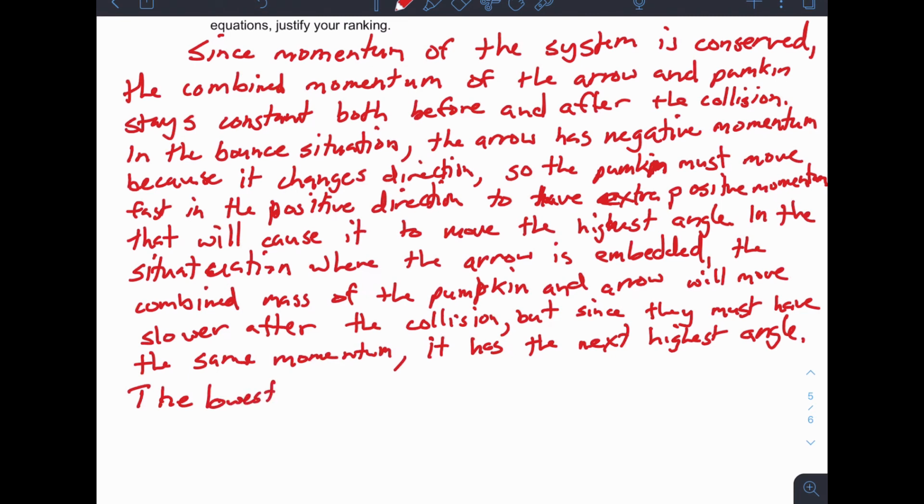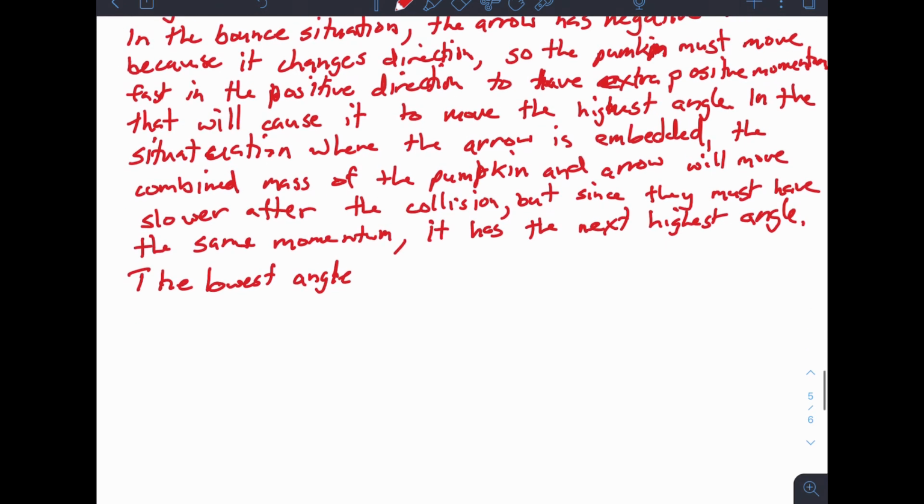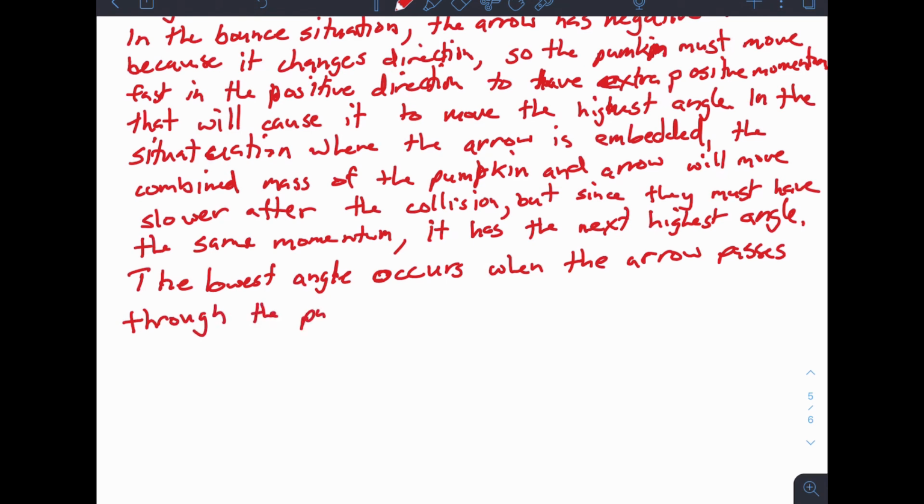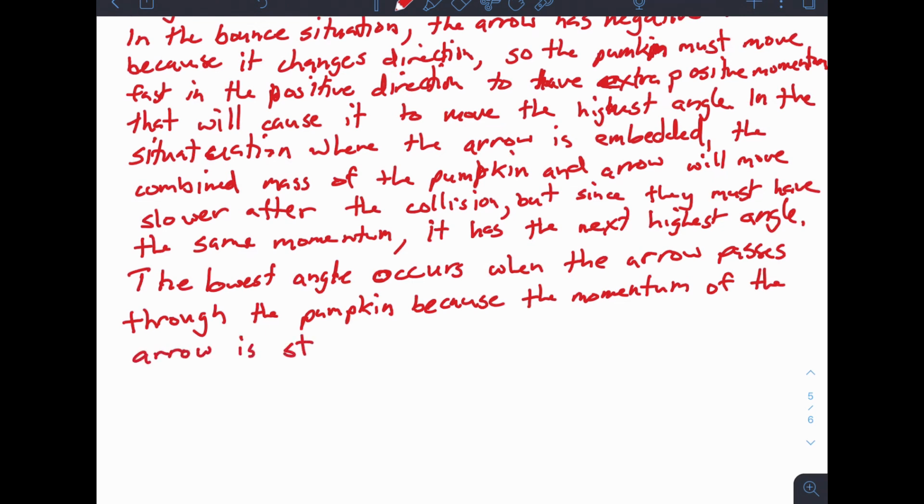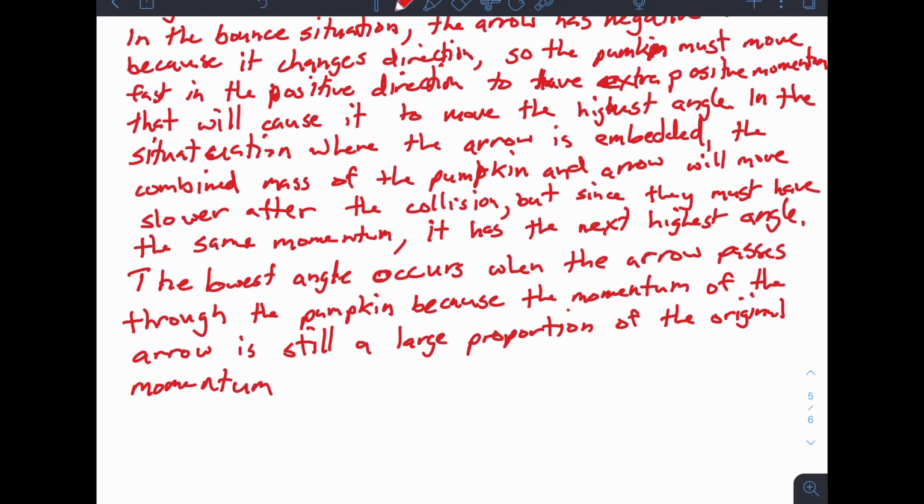The lowest angle occurs when the arrow passes through the pumpkin, because the momentum of the arrow is still a large proportion of the original momentum.